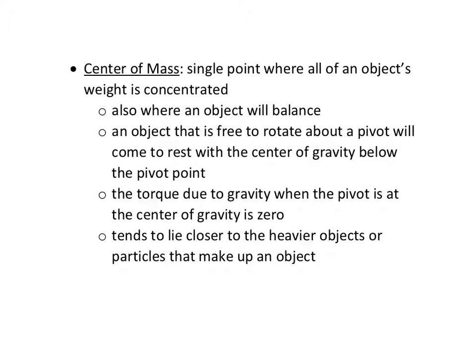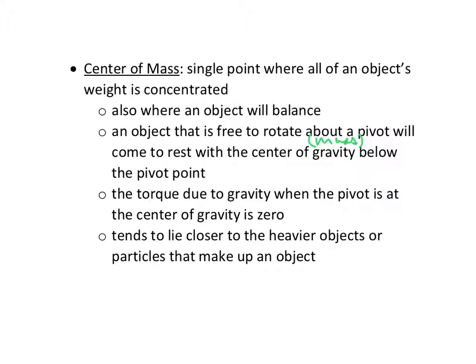So the center of mass is where the object will balance. You might also see it called the center of gravity. So for our purposes, center of mass and center of gravity are the same thing. An object that is free to rotate about a pivot will come to rest with the center of gravity, or this could also be, as I said, mass, below the pivot point.